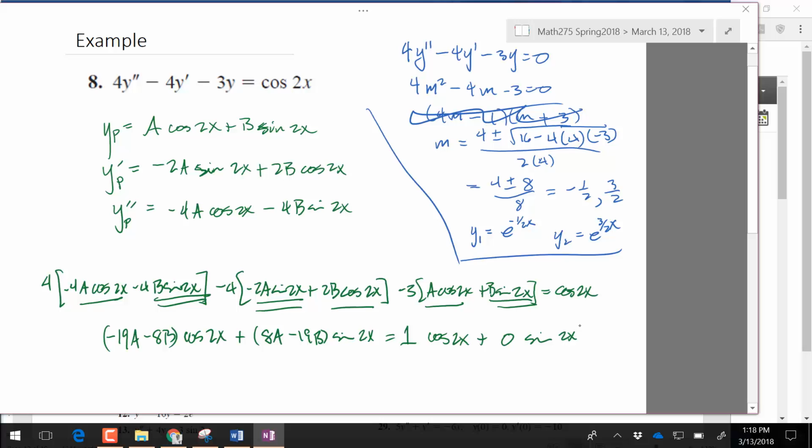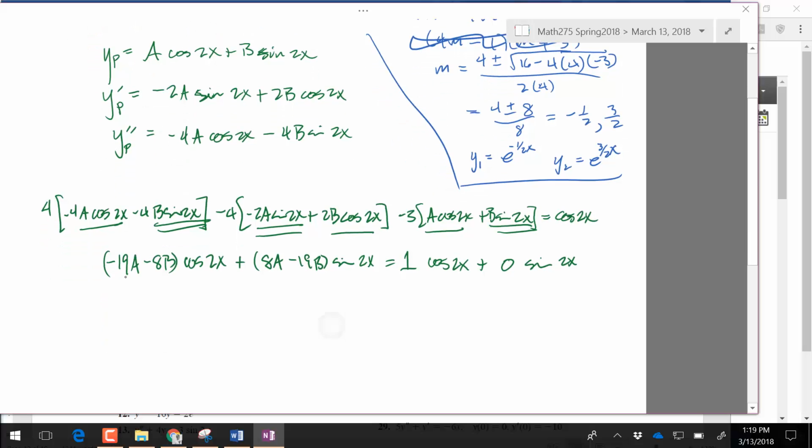So I want to set that to cosine 2x, which has a coefficient of 1, and then there's also this 0 times sine 2x, and so I can set up my system of linear equations: minus 19a minus 8b equal to 1, and then 8a minus 19b is equal to 0.